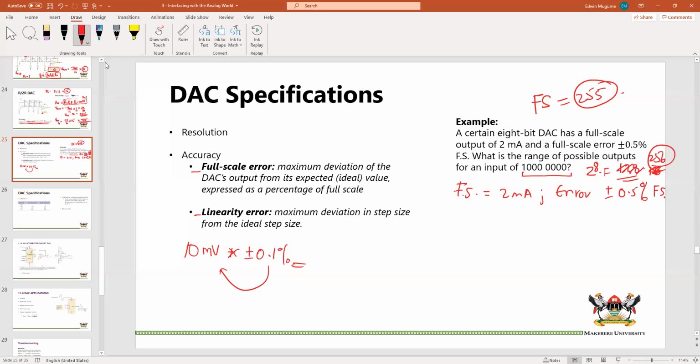Now the output is 2 milliamps at full scale. First of all, we need to know the resolution.